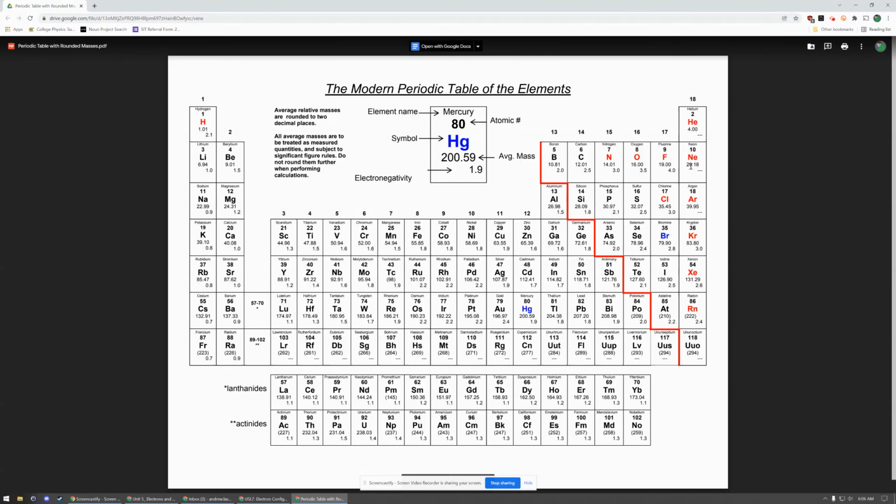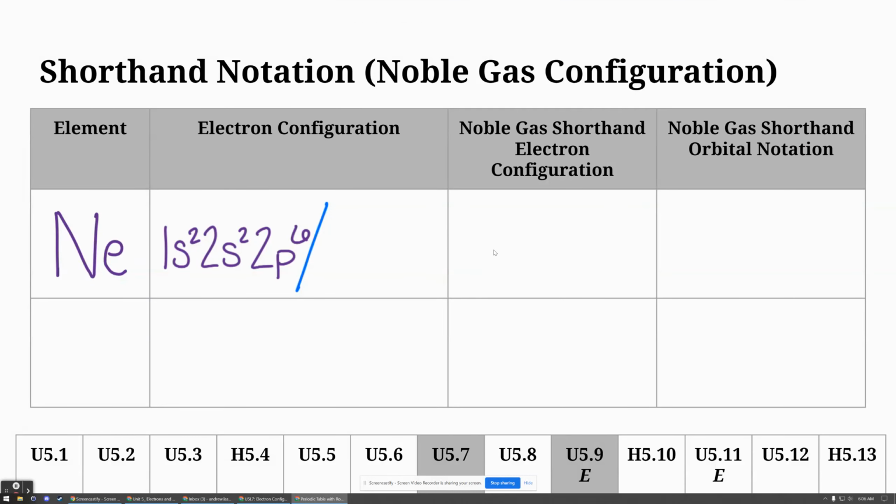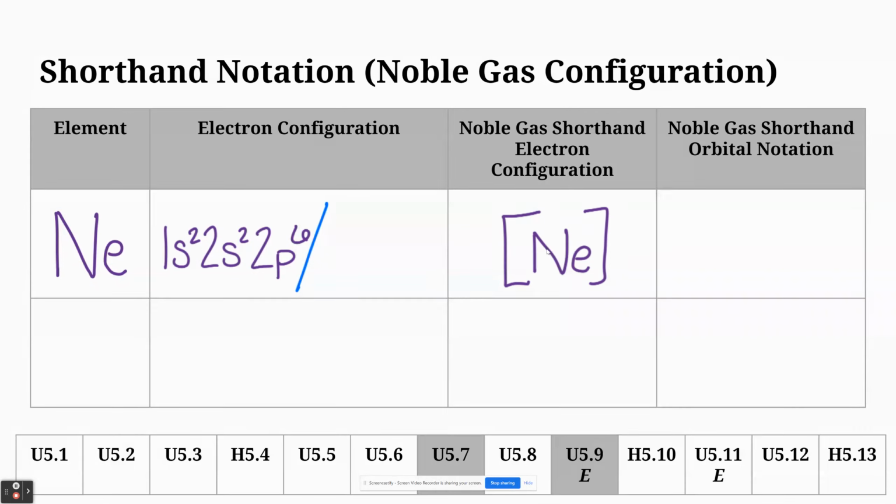So we'll call this the noble gas notation. So neon here is full. So what we'll do for shorthand is we'll be able to just use neon. And then our shorthand orbital notation, we'll use a noble gas for neon here, and we'll abbreviate that.